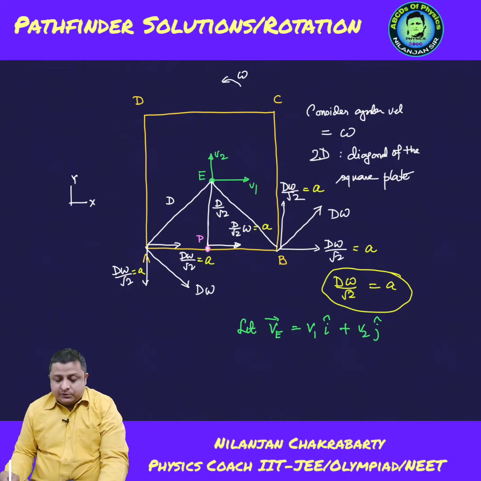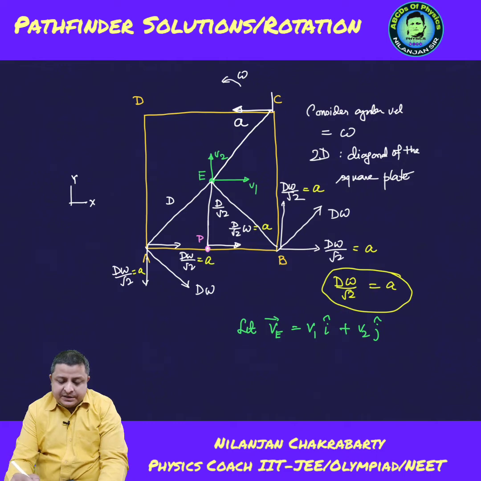Now I will superpose these velocities. However, I missed out this point C. What about the point C? Point C will have components of velocities A to the left and A upward, and along with that you have to superpose this v1 and v2. You have to do that superposition with each and every point.